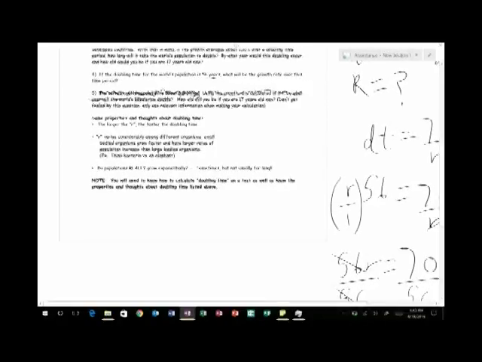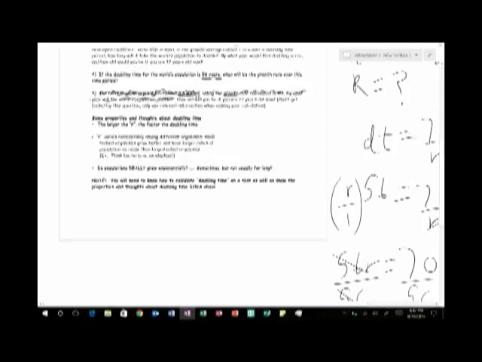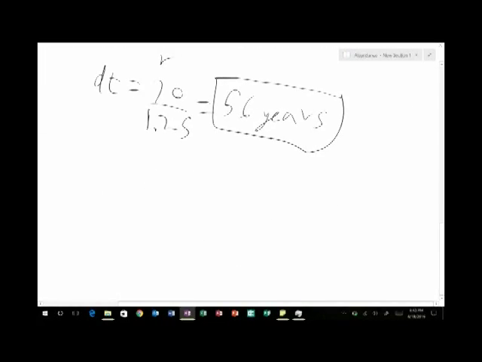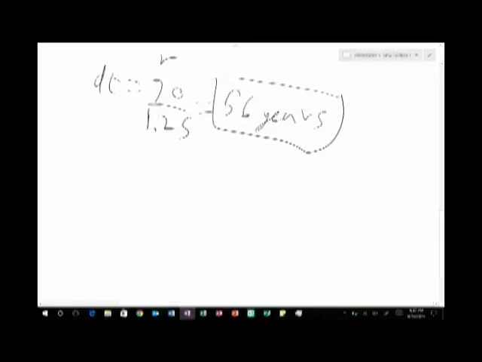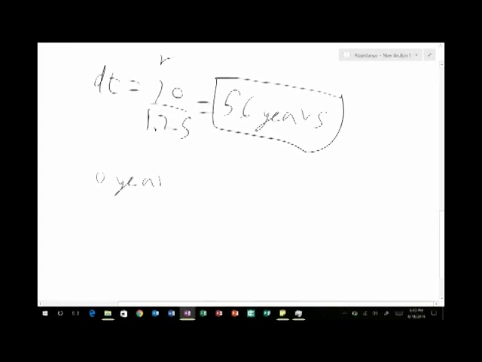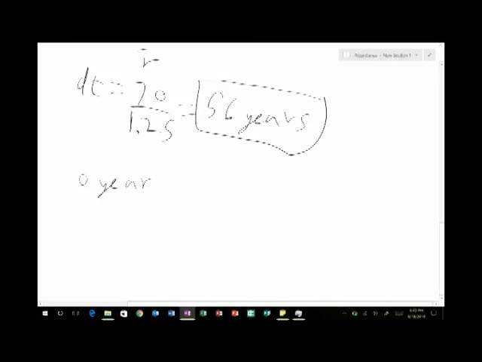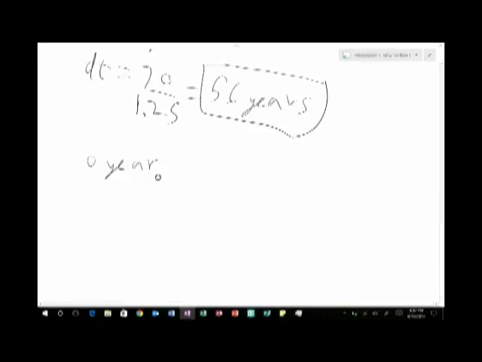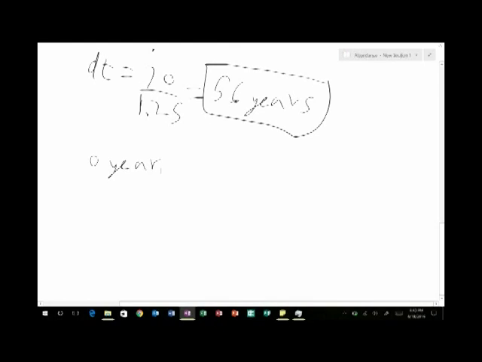Next it asks, how old will you be if you're 17 years old now? So, if you are 17 years old in the 0 year, how old are you 56 years later? So to calculate that, in the 0 year, you're 17 years old.